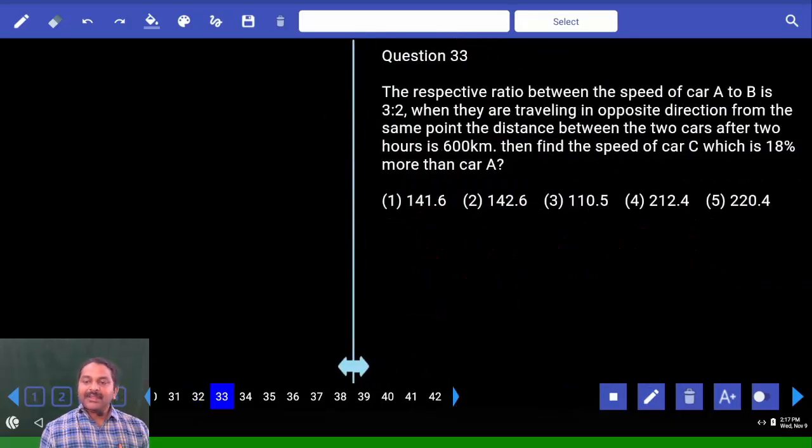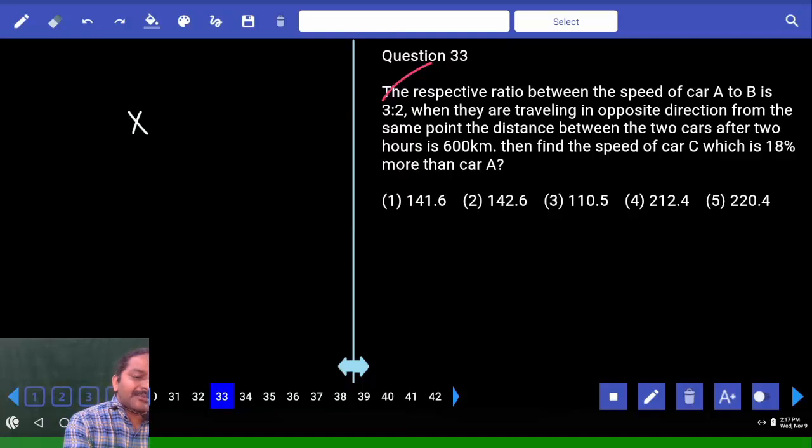Next. The ratio between the speed of car A to B is 3:2. When they are traveling in opposite directions from the same point, the distance between the two cars after 2 hours is 600 kilometers. Then find the speed of car C, which is 18% more than car A. Okay, what is car A's speed? 3 parts, so it should be a multiple of 3.